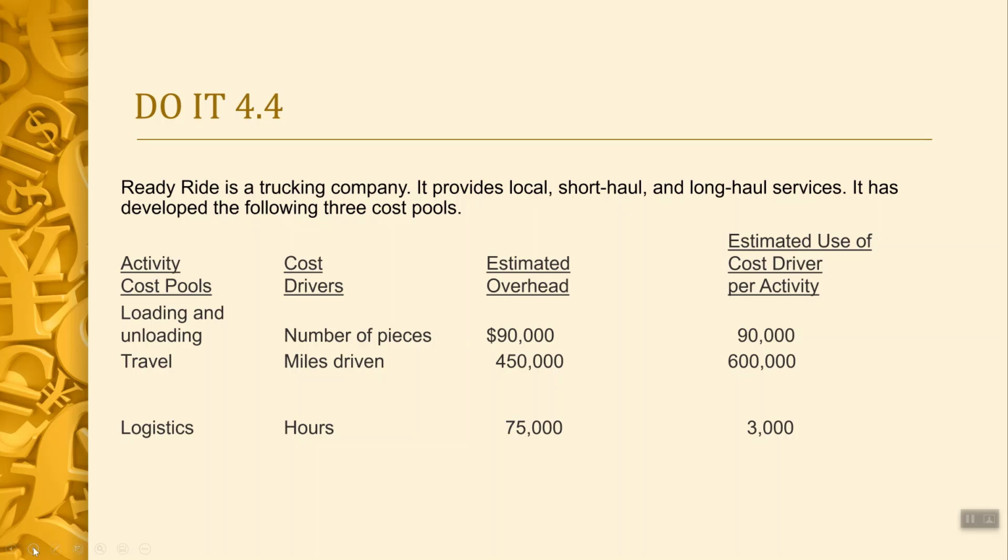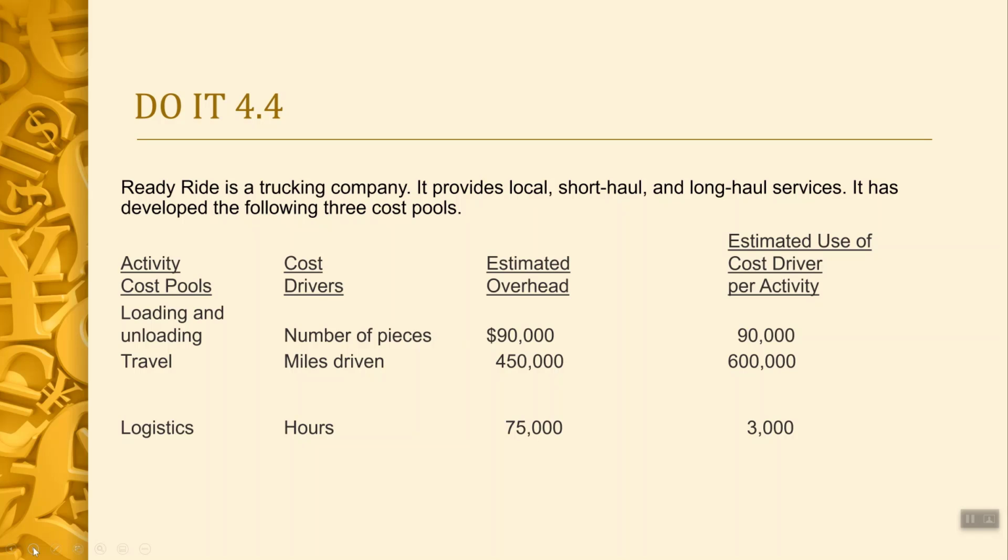For loading and unloading, we have estimated overhead of 90,000, and our estimated use of cost driver per activity is 90. For travel, the miles driven, we have an estimated overhead of 450, and the estimated use of cost driver per activity is 600.